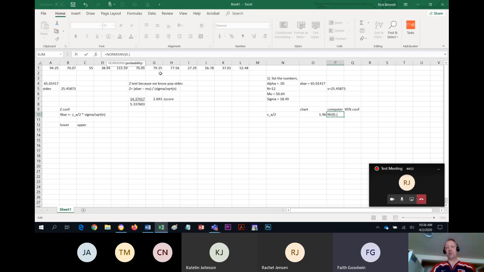Okay, minus 1.96 times 18.49, divided by the square root of 12. Now the easiest thing to do is copy that in your formula bar, paste it, and then all we have to do is change that minus to a plus.